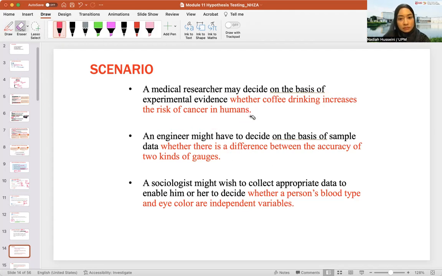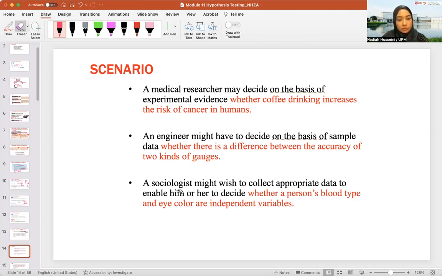We're not doctors here. An engineer might have to decide on the basis of sample data whether there is a difference between the accuracy of two kinds of gauge. For example, you have two equipments, you want to know which one is more precise. So you take the data, right?